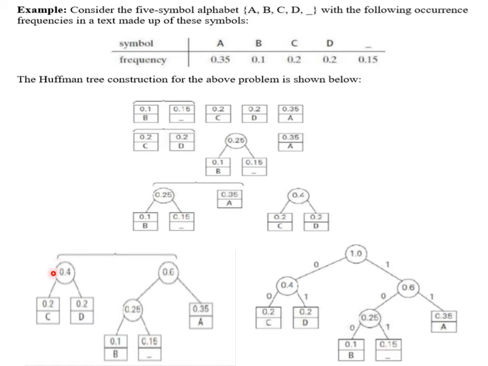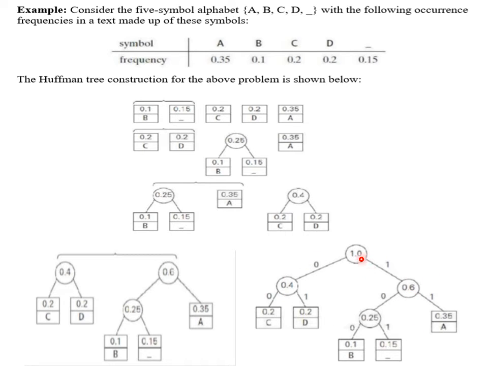Now again you arrange them in ascending order. Now 0.4 and 0.6, you combine them, so the left of the tree goes to C and D, and the right subtree contains this part 0.6. So we constructed the tree according to the Huffman algorithm.